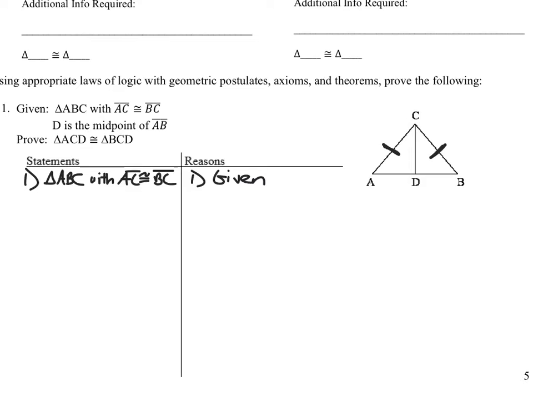If D is the midpoint of AB, that means these 2 bad boys are congruent. So I'll make a note. My second statement is D is the midpoint, abbreviations are fine, of AB. Again, it's a given.